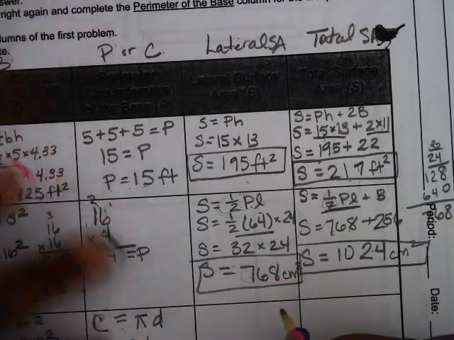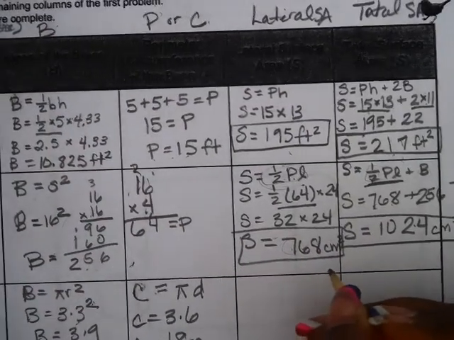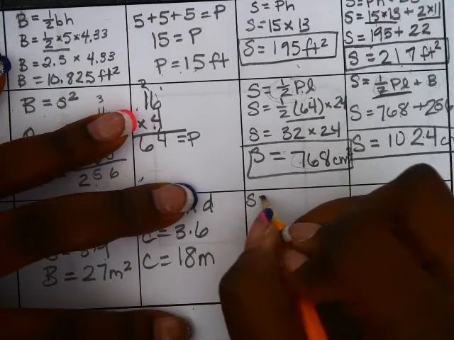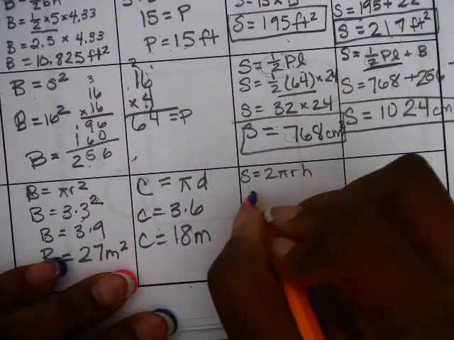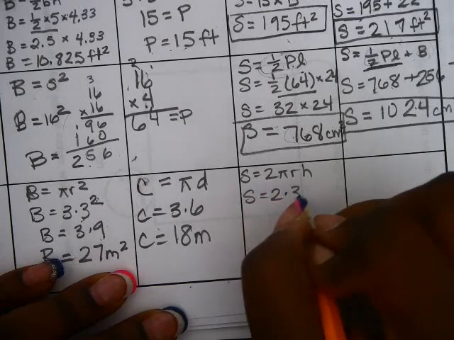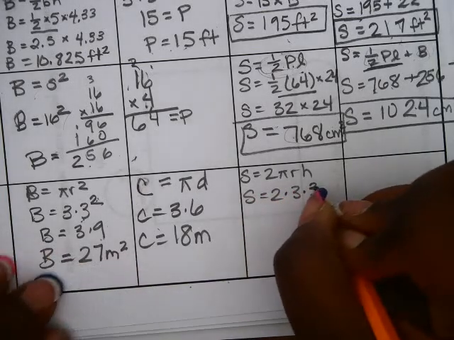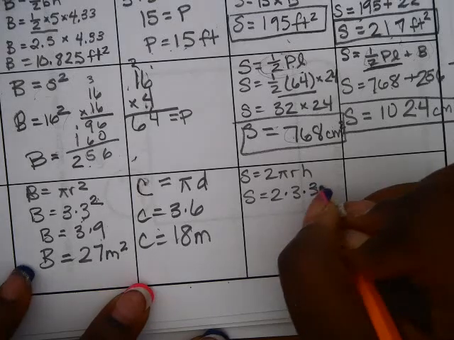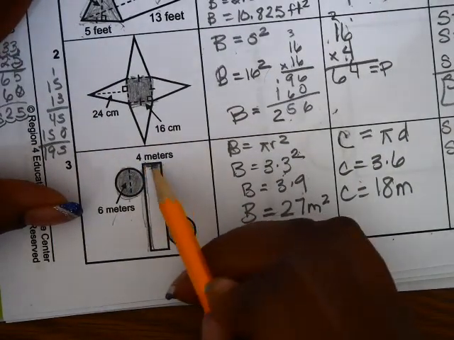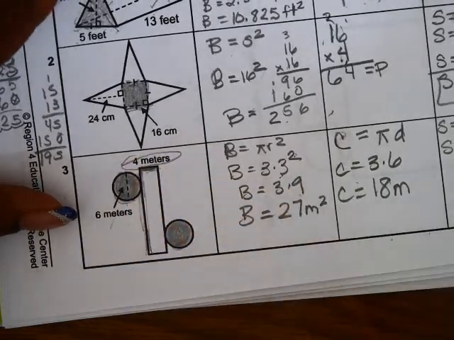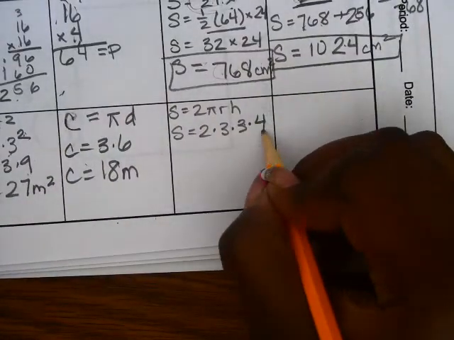Okay. So lateral surface area, we have 2 pi r times h. So 2 times 3 times 3, because our radius was 3, times the height of the prism. And remember, the height is always between the two bases. So this is the height of 4 meters. Times 4.